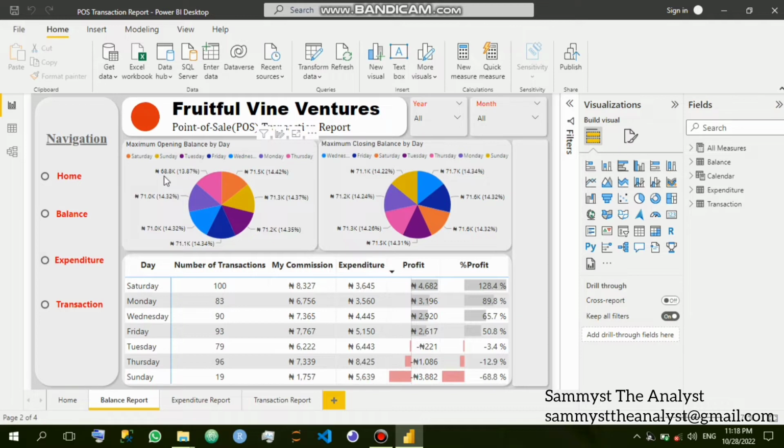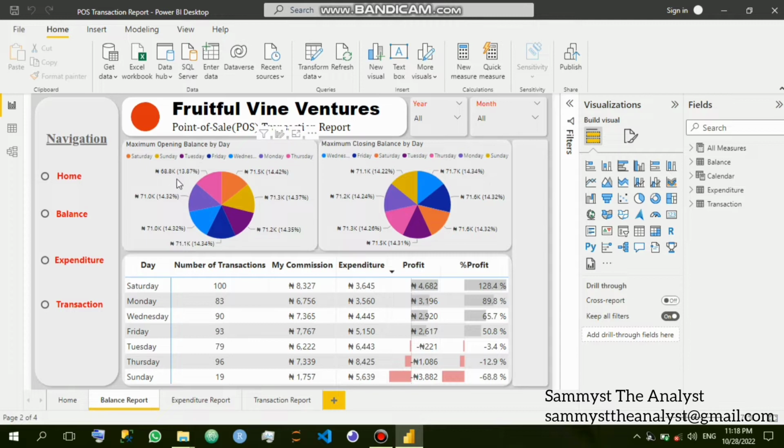That is, before the start of the day's transaction, what was the highest amount that had been used to open the day's transaction, based on the day, and we all know that there are 7 days in a week.